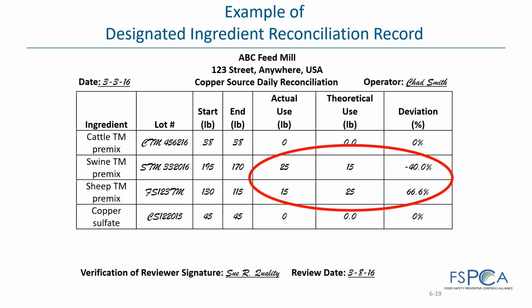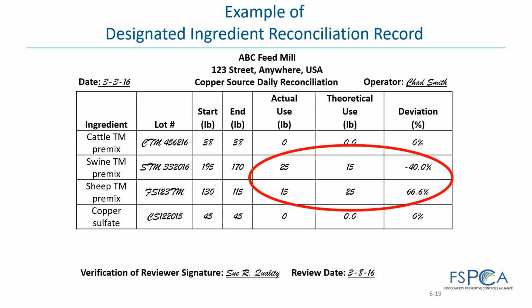If I take a look at my sheep mineral premix, what Chad Smith thought he used that day was 25 pounds. What he actually used was only 15 pounds. Okay, so if I do that percent deviation, what I come up with is 66.6, which is way more than my 10% parameter. So obviously this food is not meeting our specs, it's not meeting our parameter values, it's considered adulterated.